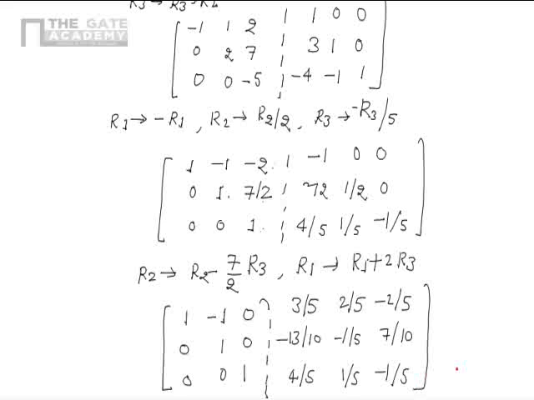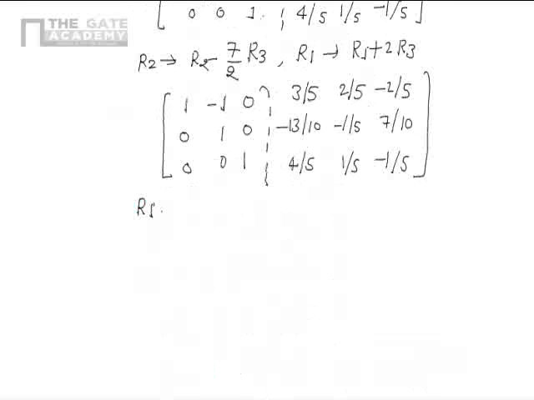So the last thing I need to do is to make this minus 1 to 0. So I can simply add R1 and R2. So I will get 1, 0, 0, 0, 1, 0 and 0, 0, 1.